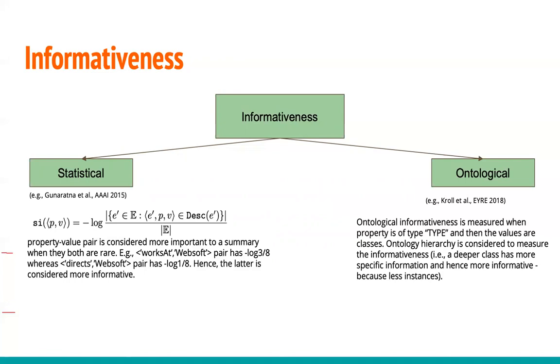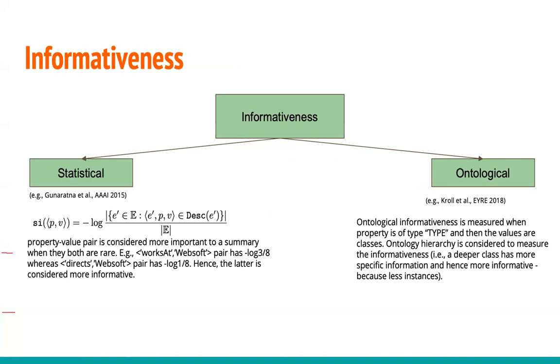In statistical informativeness, what it means is that instead of measuring frequency or popularity of property and value separately, this approach looks at them together. The value alone can appear many times, or it can be frequent, or popular, and the property alone can appear many times.